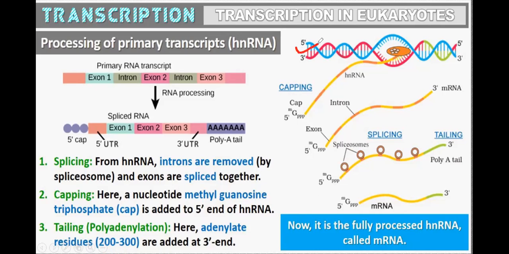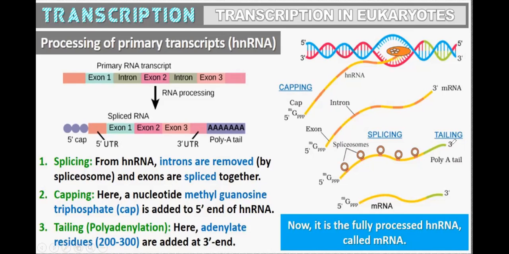Now, this was a DNA, from which heterogeneous RNA is produced. In the heterogeneous RNA there are exons, introns, exons, introns. Then there is capping: at the 5' end, methylated guanosine triphosphate is added as a cap. Then the introns are removed by the spliceosome.